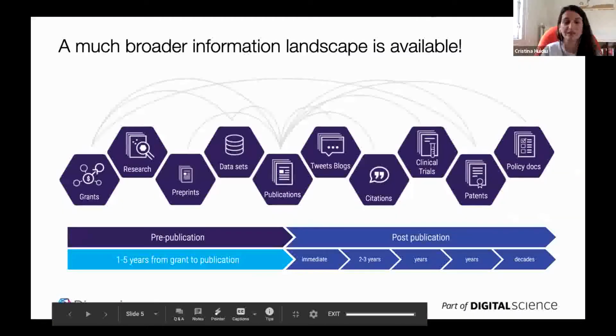About Dimensions, rather than talking about what Dimensions is, I think it's very important to acknowledge that Dimensions is just a part of the puzzle. Yes, it does include a variety of data points, such as grants and publications and metric data as well, and all the rest.